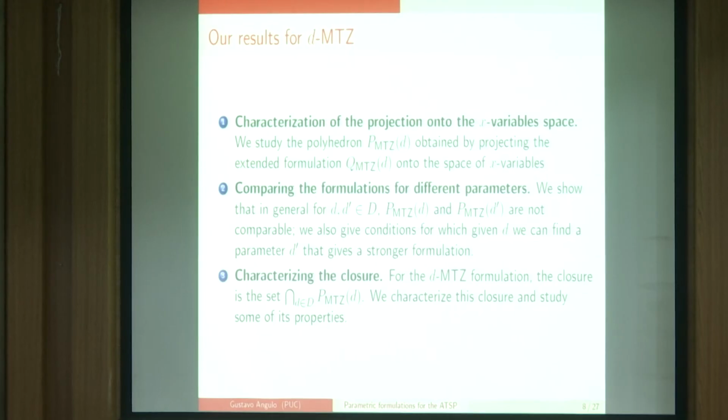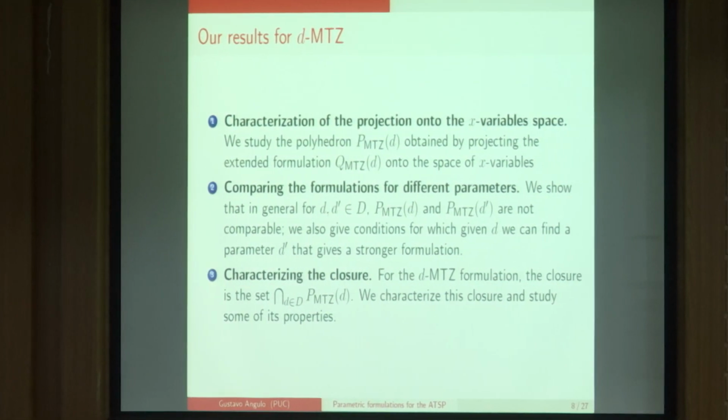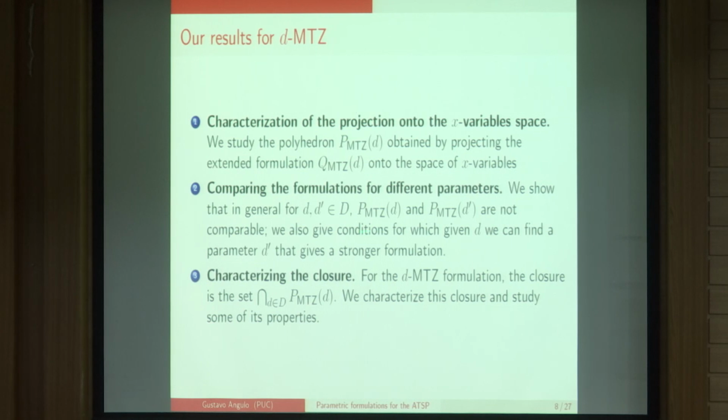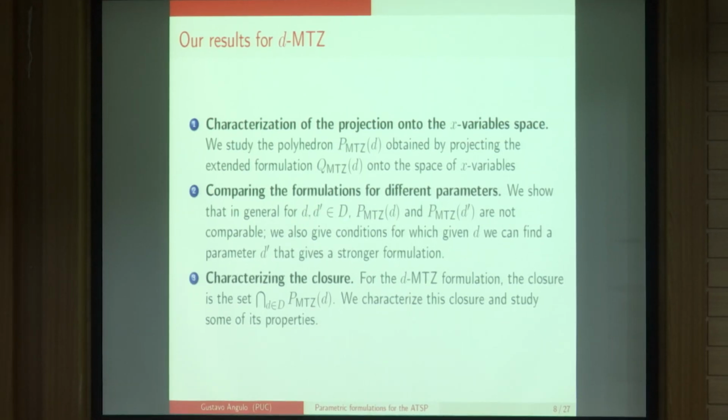We will project it into the X space. We will look at that formulation, and then in the X space we will compare the formulations that we get for different choices of these parameters, D or D prime in capital D, and in most cases these two formulations will not be comparable, and so we can define the closure of this family of formulations as taking the intersection of all of them in the X space, and we will study that set as well.